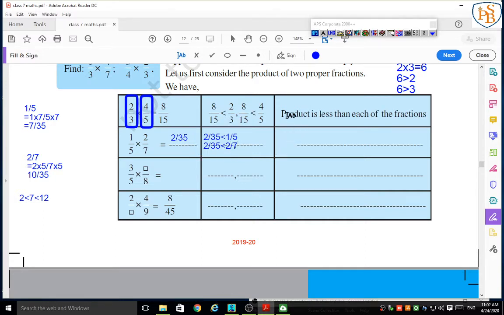So we can find out that the product is less than each of the fractions, as above.